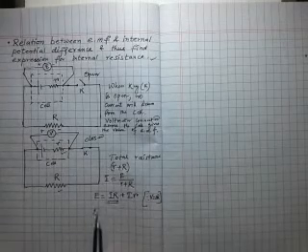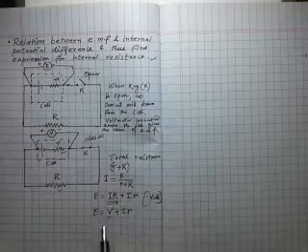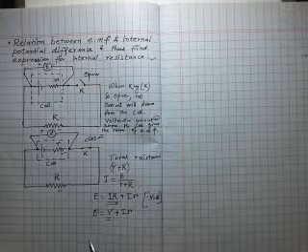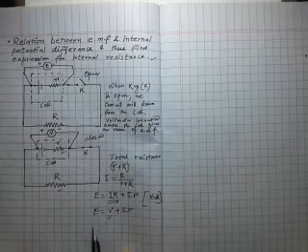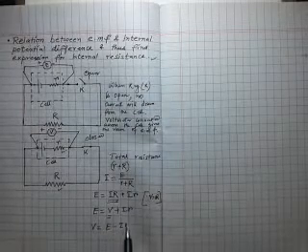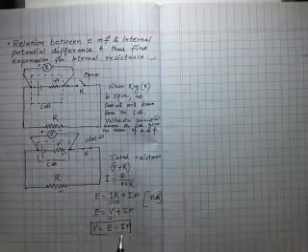So you can write E is equal to V plus Ir. This V is known as the terminal potential difference. So what will V be? V is E minus Ir. So remember, the value of V is always less than the EMF.